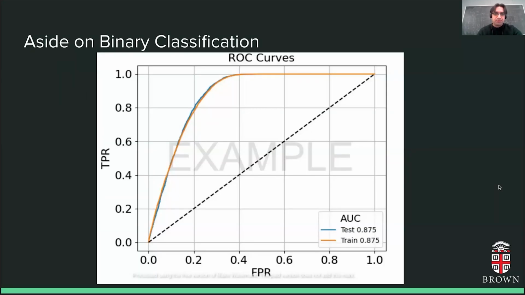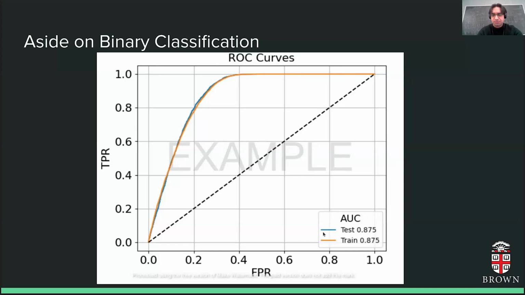And here's an example here. So this whole thing here is the ROC curve. You have the true positive rate on the y-axis, false positive rate on the x-axis. The dashed line is the 50-50 line, the 45-degree line. The ROC curves, the blue and the orange, are sitting at more than 0.87, so 0.875 each.